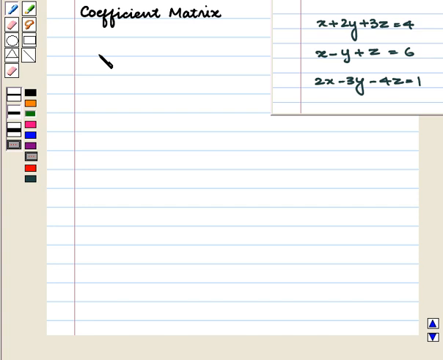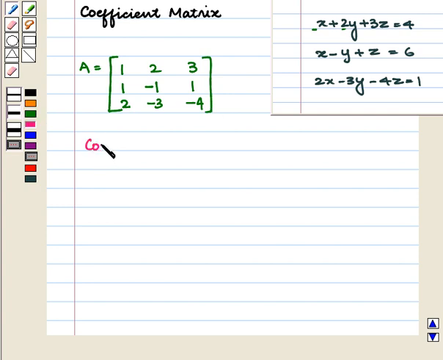Its coefficient matrix is A equal to the matrix containing elements 1, 2, 3, 1, minus 1, 1, and 2, minus 3, minus 4.